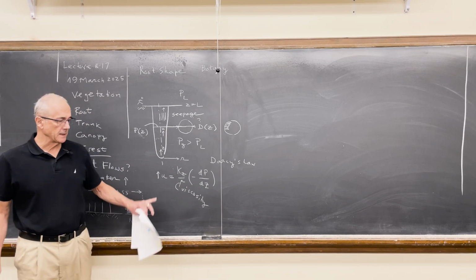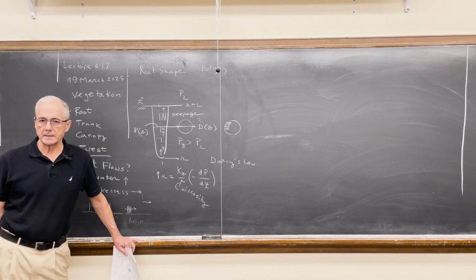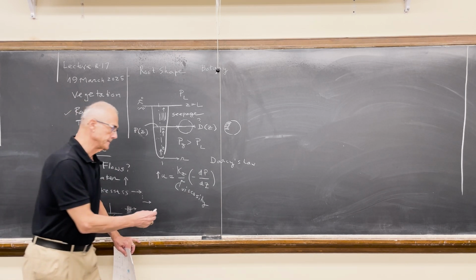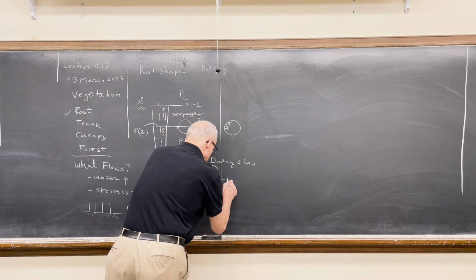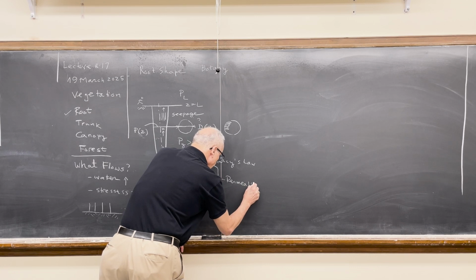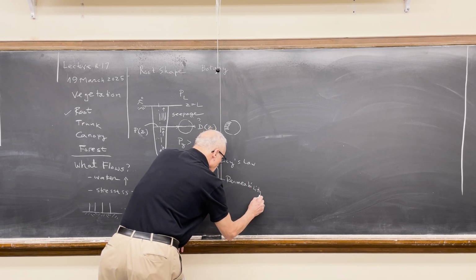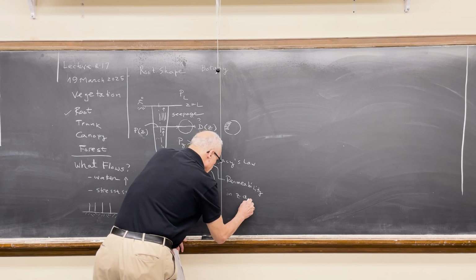In fluid mechanics, capital K means permeability in the vertical direction. So Kz is permeability in the z direction.